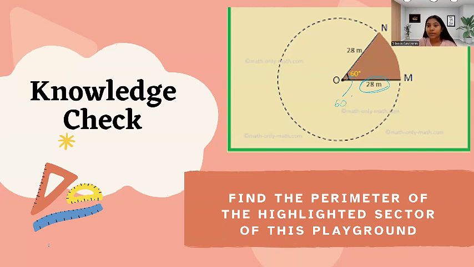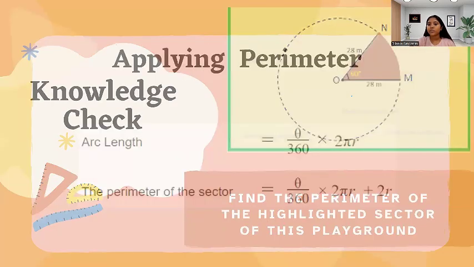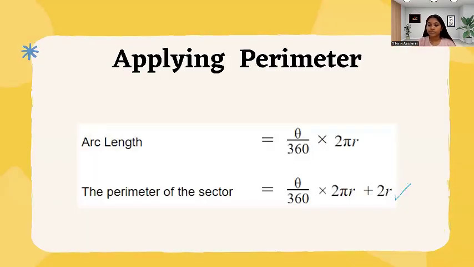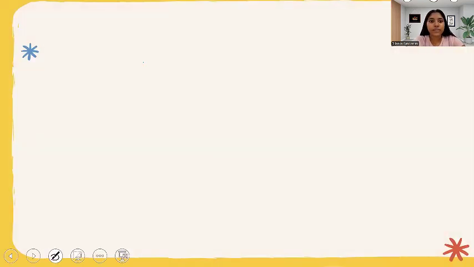So let's find the answer for this problem. As we are expecting to find the perimeter of the sector, we need to use this equation. So let's write perimeter equals theta divided by 360 into 2πr plus 2r.